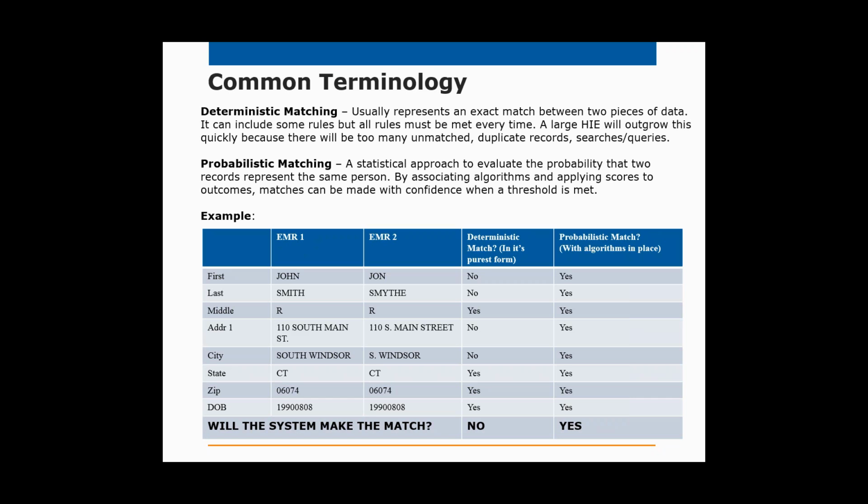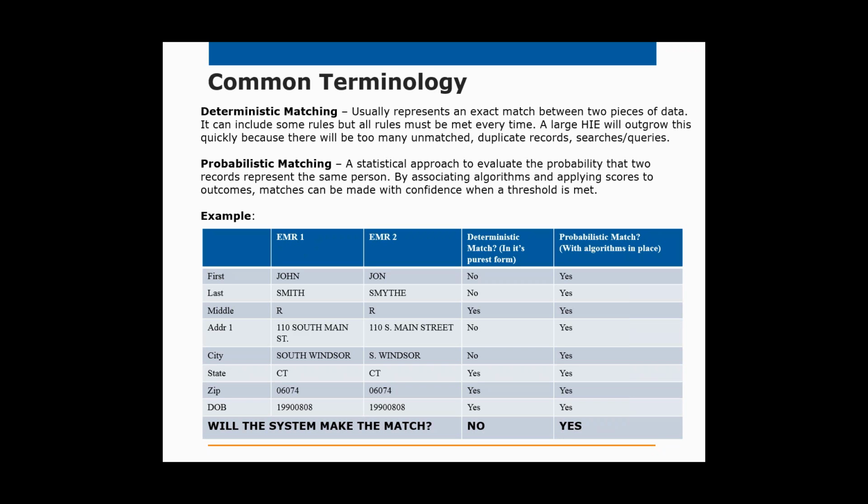You didn't know that you were going to have to know math today, but a little bit of math. Put on your thinking caps, and we're going to talk about this a little bit deeper as we go here. So I have an example, and we're going to go through these lines. So we have EMR1 and EMR2 columns.